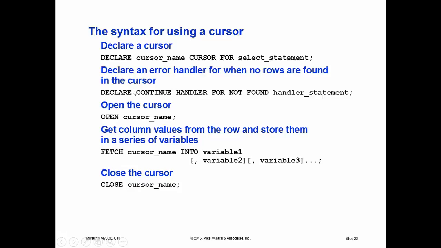Cursors, I mentioned to you before that when you are working with a cursor, the idea is a cursor is kind of a pointer to the beginning of your result set. So it's a pointer to whatever results are going to be returned from the system.